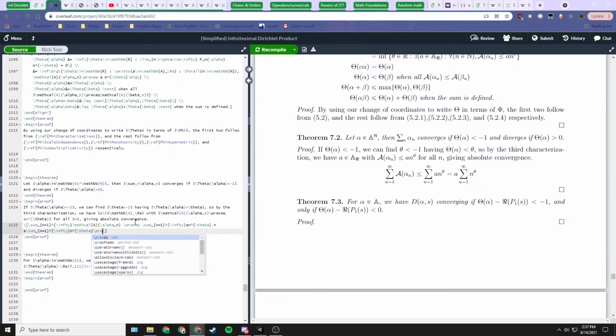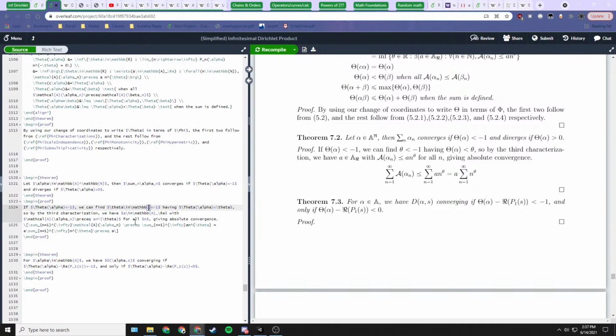And this is bounded by A times, okay, let me think on this.